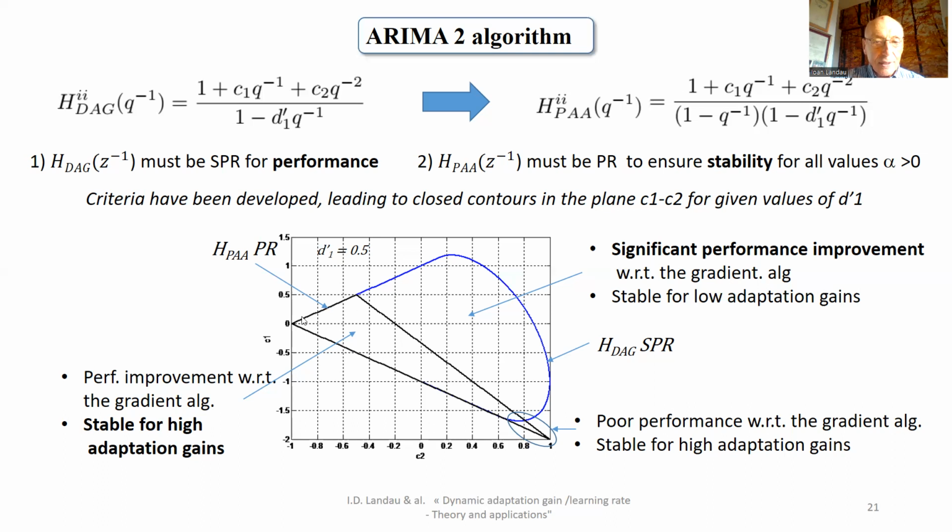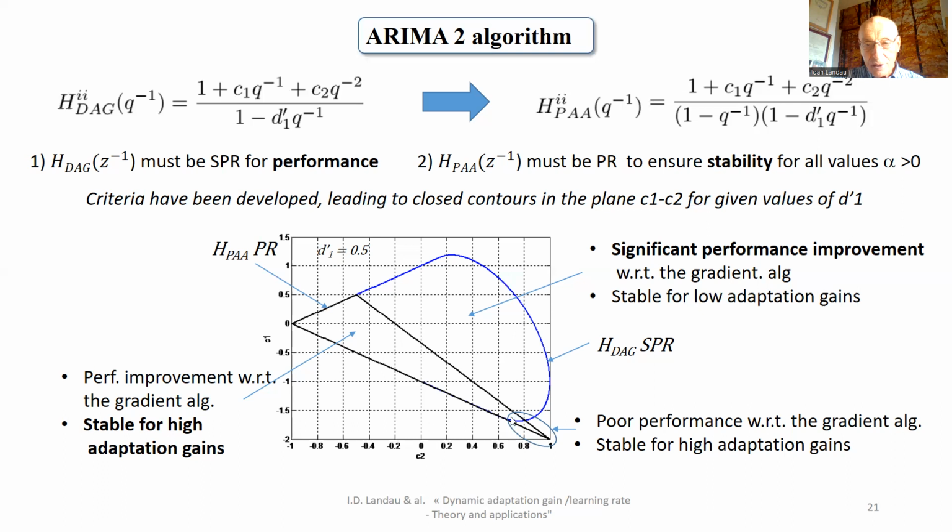If we are now inside the black contour up to the intersection with the contour for the dynamic adaptation gain to be strictly positive real, we'll have a performance improvement with respect to the gradient algorithm, which will be less significant than in the previous case, but it will operate stably for high adaptation gain.